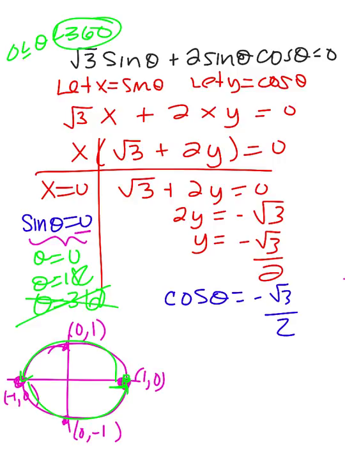Okay, so now let's go to cosine theta equals negative radical 3 over 2. So we'll deal with the negative in a minute. That's just going to tell us what quadrants we need to be in. So I need radical 3 over 2. So if these are my 5 fingers, here's my thumb, my pinky, right? So I need radical 3.